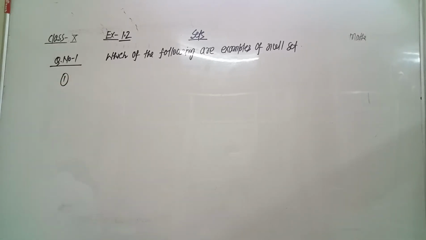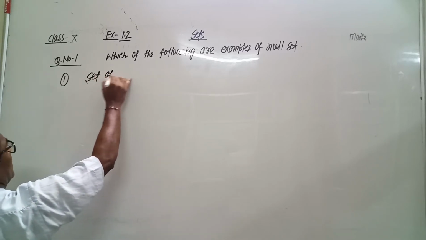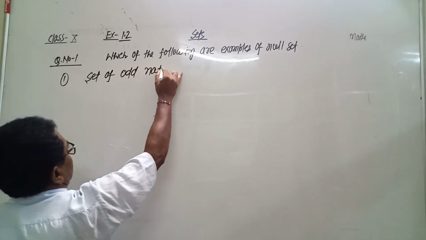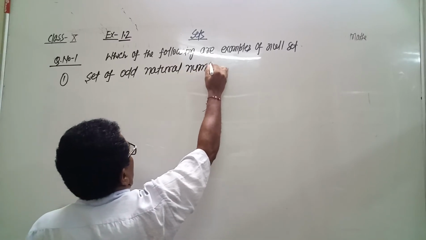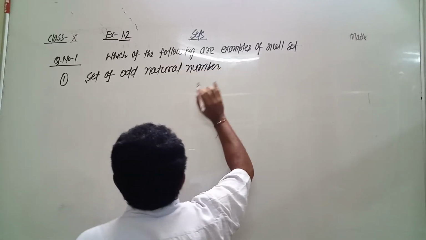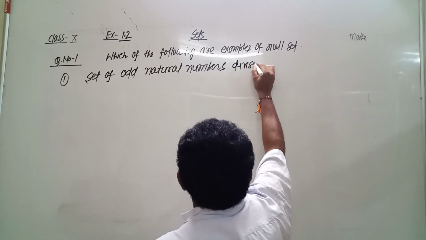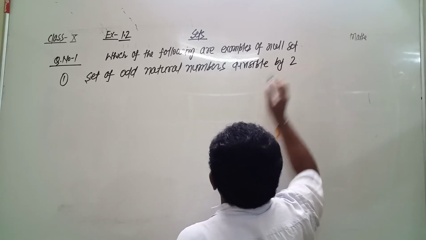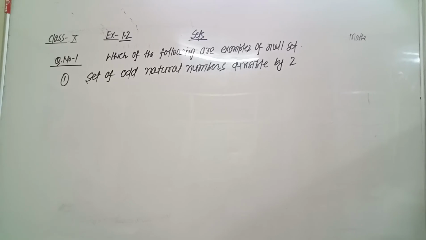Set of odd natural numbers divisible by 2. Set of all odd natural numbers divisible by 2. So we have to say whether it is a null set or not.